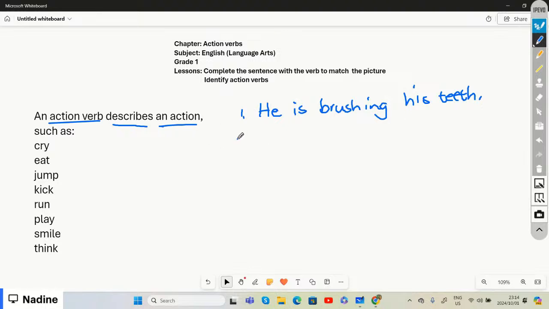Another sentence is, she is eating lunch. What is our action verb within that sentence? We need to identify the action verb, the action that somebody's doing, the doing thing.